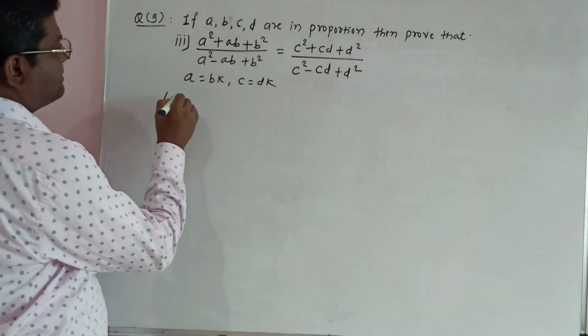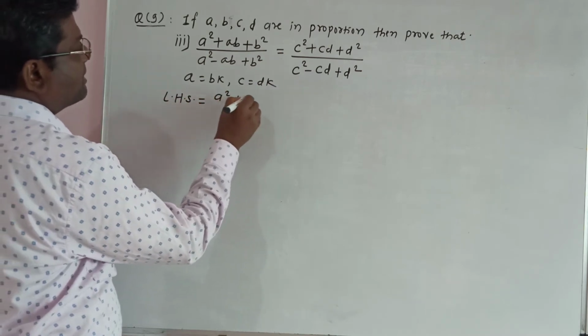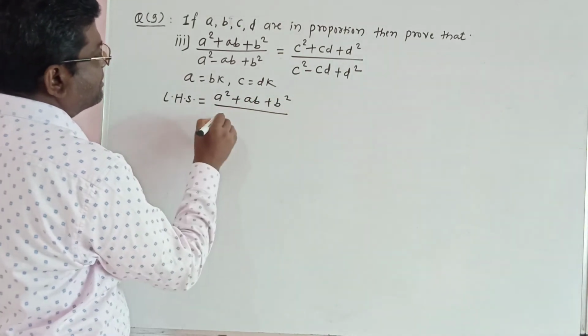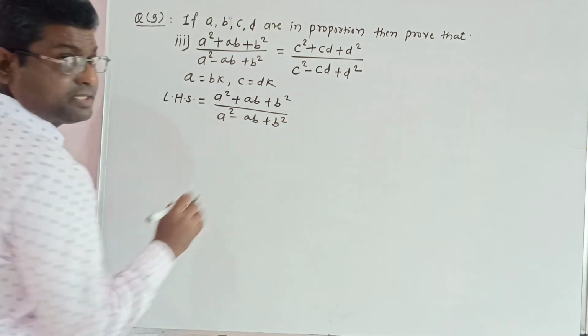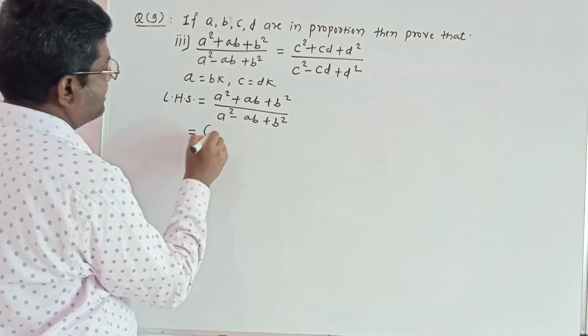Question number 9, example number 3. Now LHS is equal to (a square plus ab plus b square) upon (a square minus ab plus b square). Now put a is equal to bk.